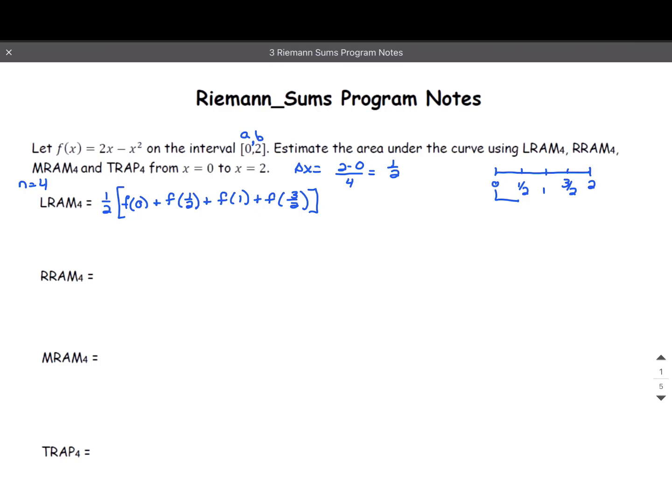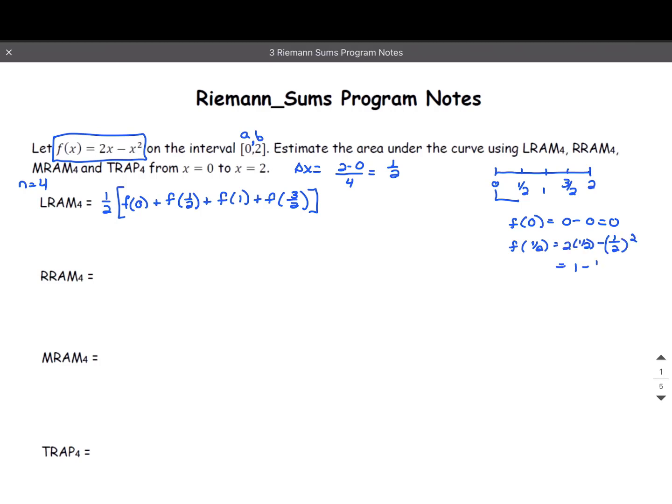Now, before we go anywhere, let's do some function values here. If f of x is 2x minus x squared, this way we don't have to compute it over and over again. f of 0 is 0 minus 0, which is 0. f of 1/2 is 2 times 1/2 minus 1/2 squared.